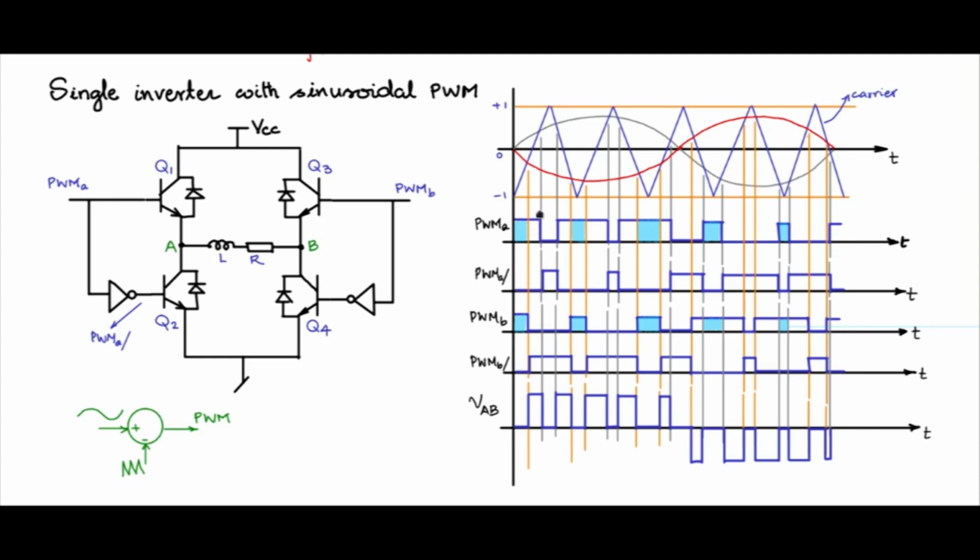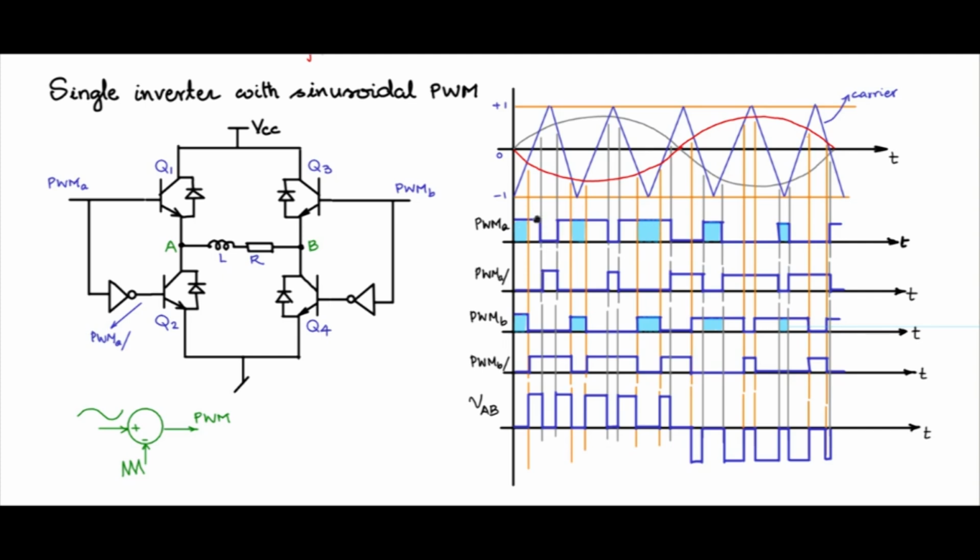Look at this transition, which is indicated as an instantaneous transition, and at the instant when Q1 is going off, Q2 is going on at the same instant. However, in practice, in reality, things don't happen that way. The switching on and off doesn't happen instantaneously. There is a finite time.